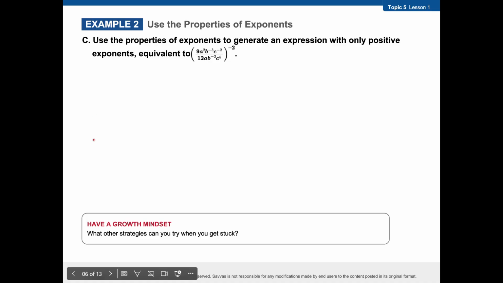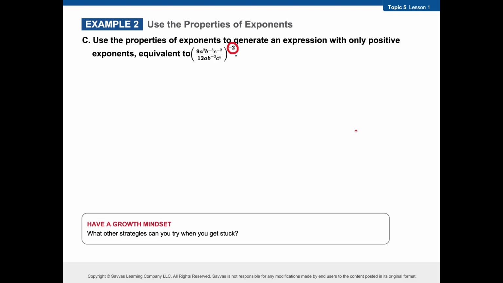Next, I have 9a squared b to the negative third c to the negative 2 divided by 12a b to the negative third c to the fourth, all to the negative second exponent. Again, answers can never have a negative exponent as your end result.